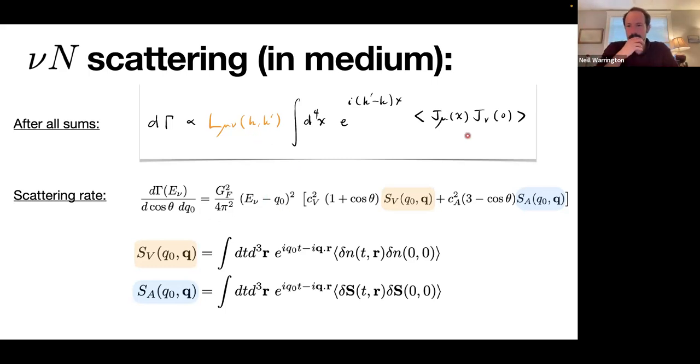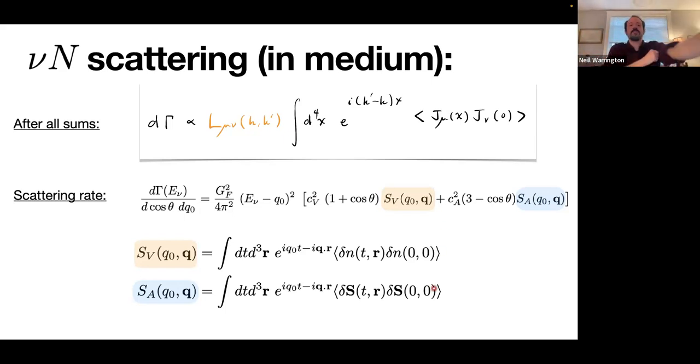What really matters is that all the hadronic stuff lives in what are called structure factors. We have a vector structure factor and an axial structure factor. The vector structure factor is a space-time Fourier transform of a density-density correlator. And the axial structure factor is a space-time Fourier transform of a spin-spin correlator. Remember, spin and density appear because these J's, as we saw two slides ago, are basically linear combinations of spin and density.